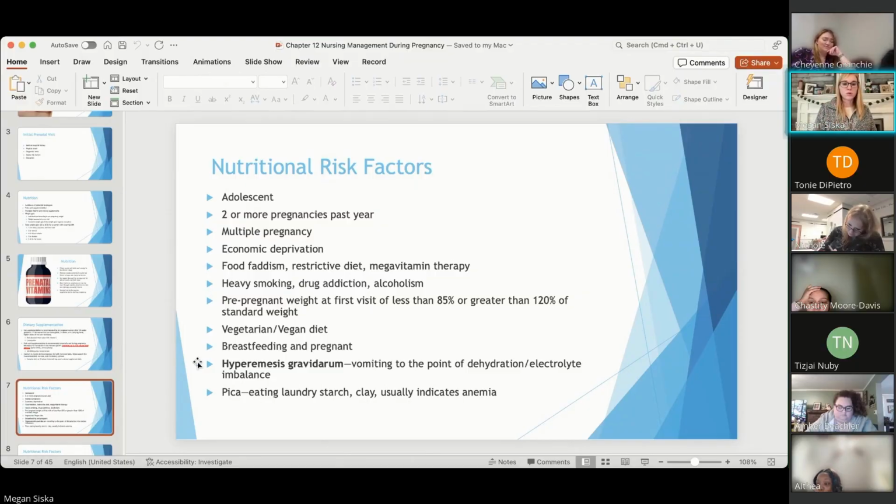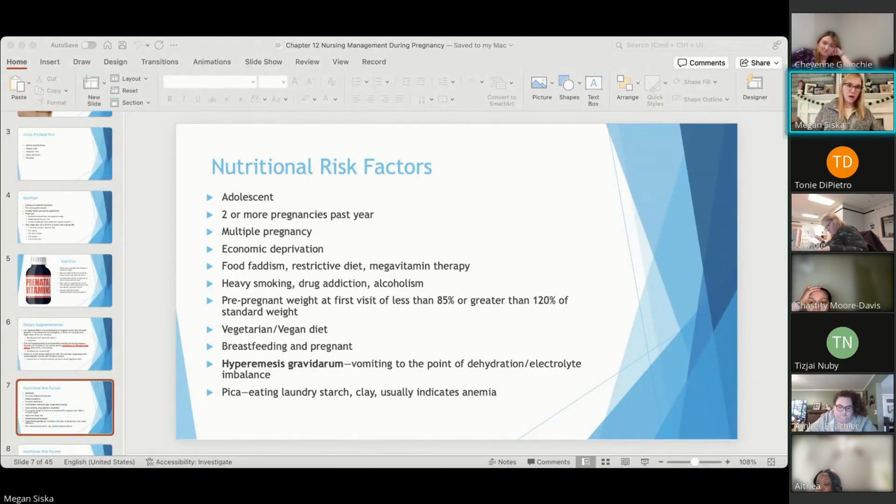We also will talk a little bit about something called hyperemesis gravidarum. This is a condition that some women can get during pregnancy. And we all know about morning sickness. It's pretty common to have some nausea and maybe occasional vomiting in pregnancy. Hyperemesis is that amplified 1,000-fold. So these women can barely keep anything, if anything at all, down.